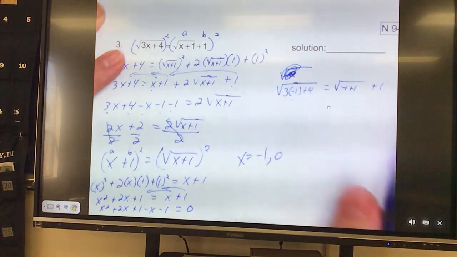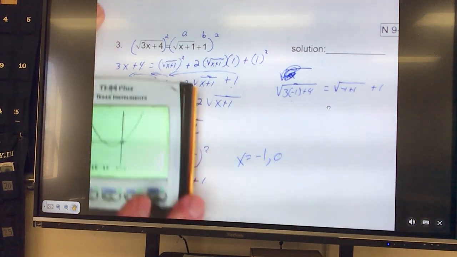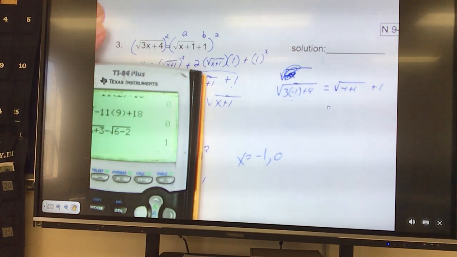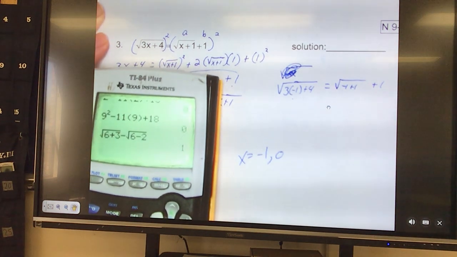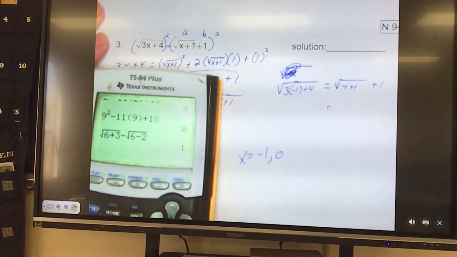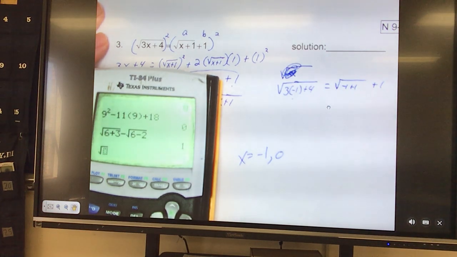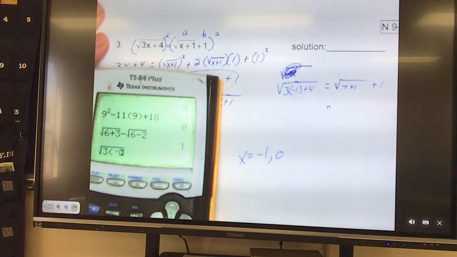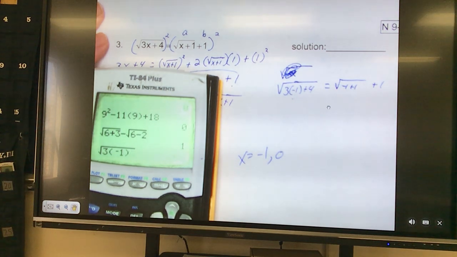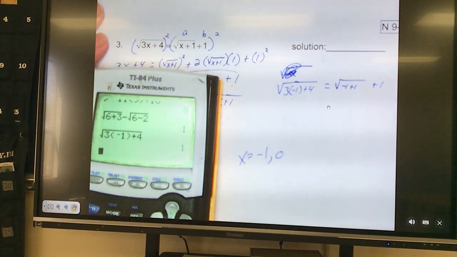So let's try this side over here and see what it's worth. Second, square root 3, parentheses, negative 1, close them, plus 4, hit enter, and it tells me 1.